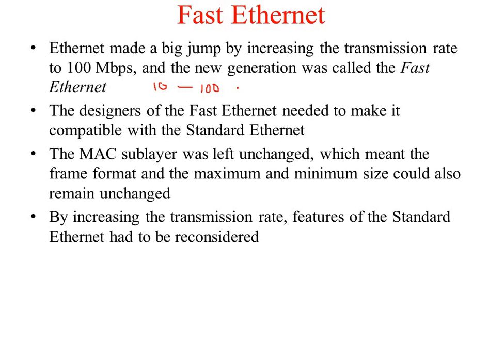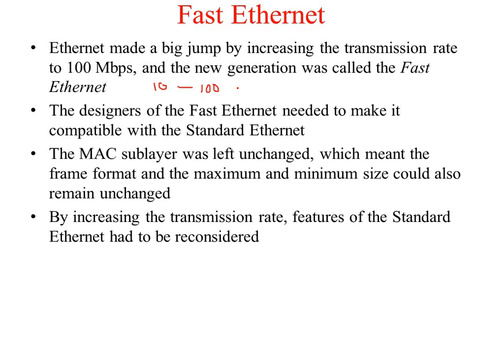Now the designers of fast Ethernet need to make it compatible with the standard Ethernet. Consider that one device is working at 100 Mbps and another device is working at 10 Mbps in the same network, then they should be able to communicate with each other. So that compatibility the designers need to consider.